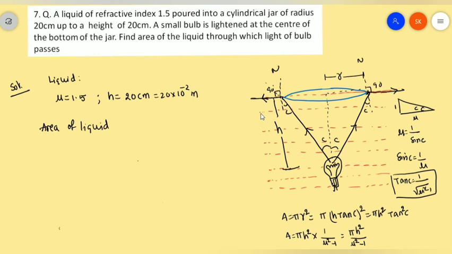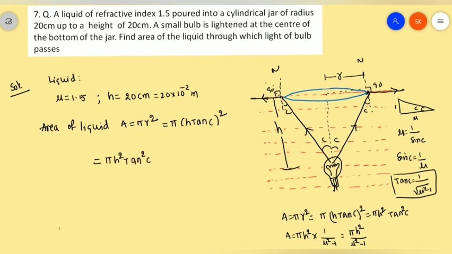Only through this area light passes. Area formula is pi r square, we know that. R is h tan c, which we derived in the previous lecture. So the area is pi h square tan square c.